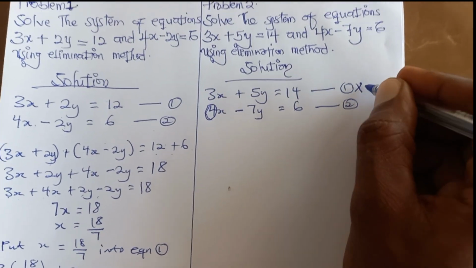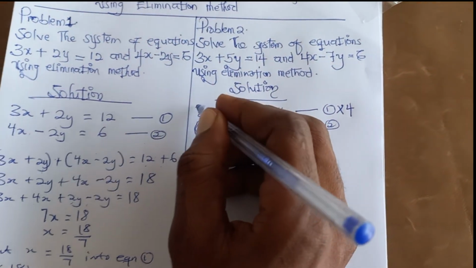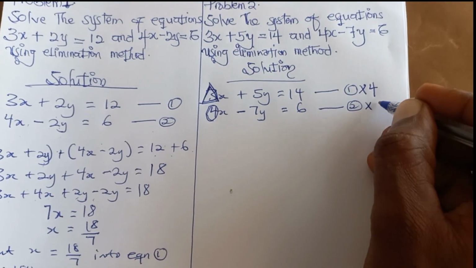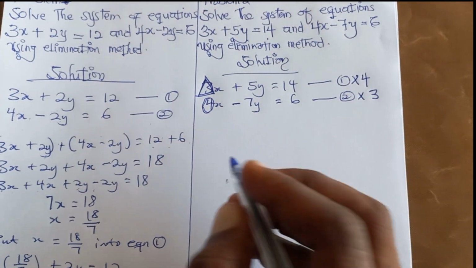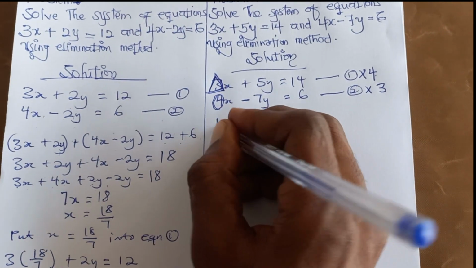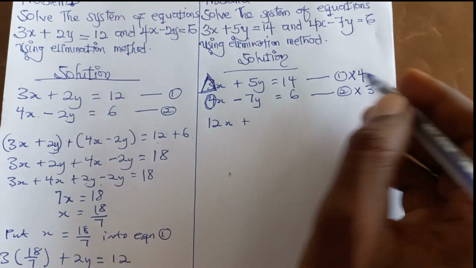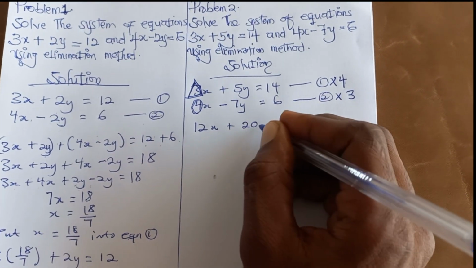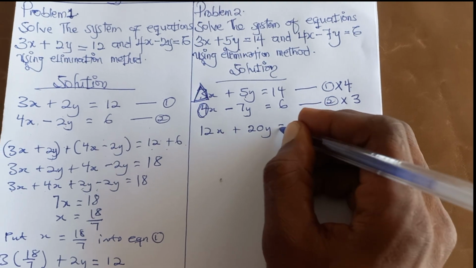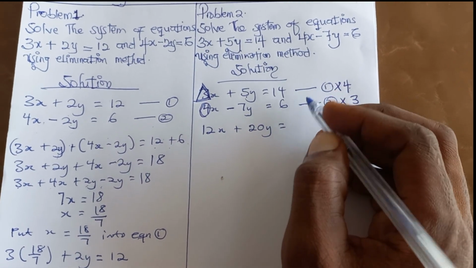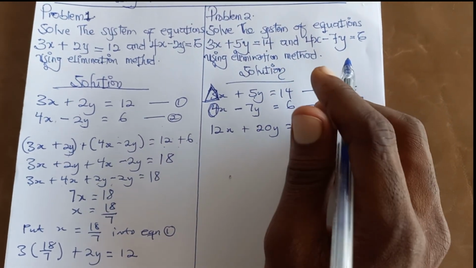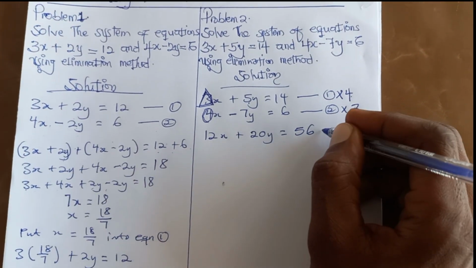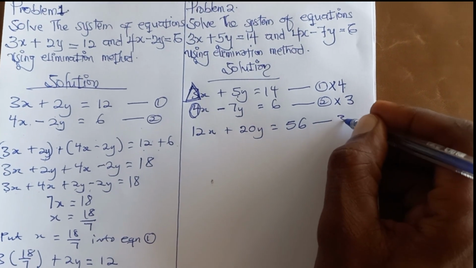So 4 times 3 is 12x, plus 4 times 5 is 20y, equal to 14 times 4, which is 56. So this becomes our new equation, equation 3.